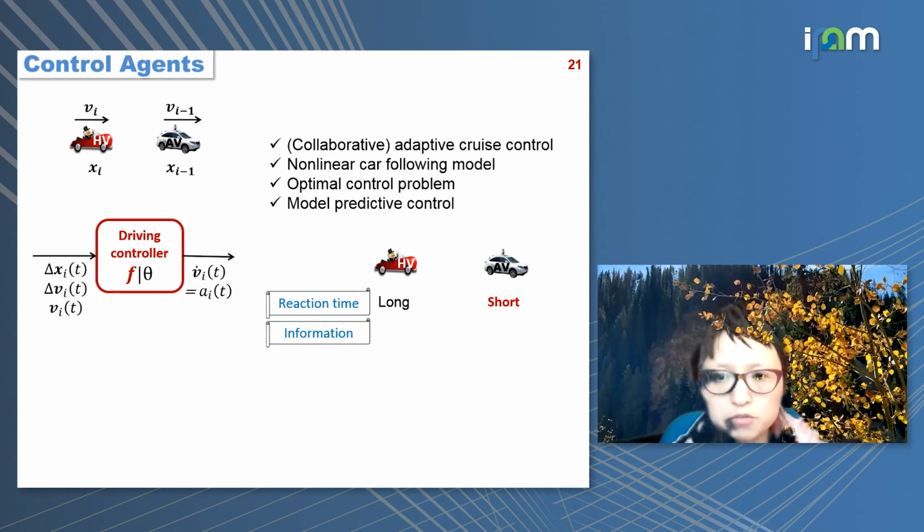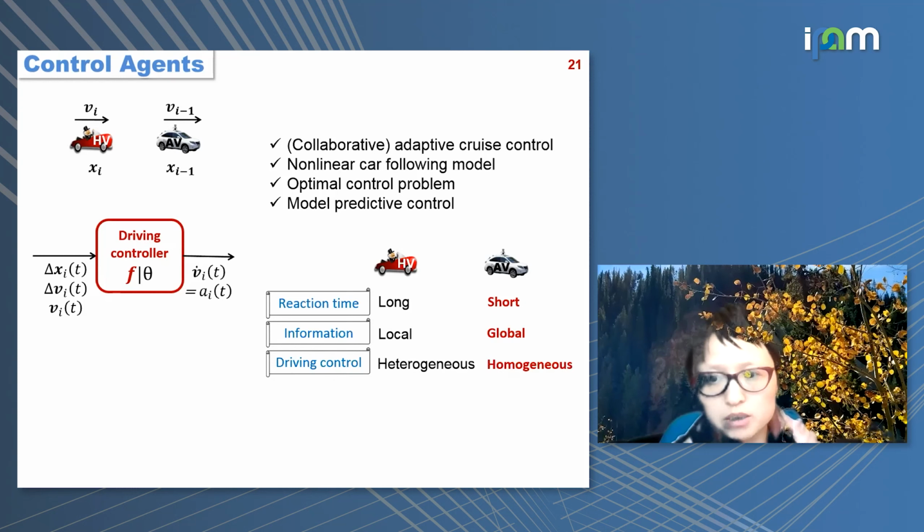In terms of information, HV usually perceives local information, but AV has global information. In this sense, I assume AV is both a connected and automated vehicle, so it can access global information. And in terms of driving control, HVs may be heterogeneous, but AVs are mostly homogeneous because they are controlled by computers. So this is what I mean by control agents.